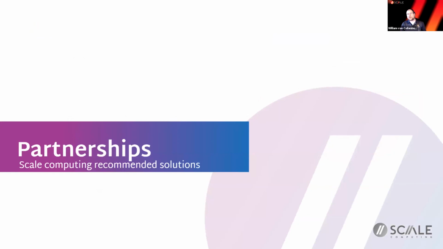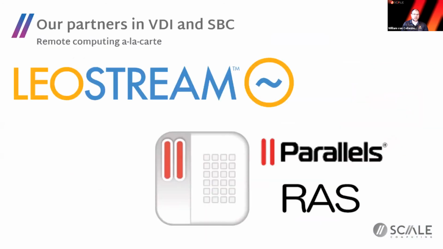So I've talked about partnerships a couple of times. We have a couple of parties that we work together with, 2 of them right now in the VDI workspace. And they are Parallels RES for both VDI and server-based computing, and LeoStream for VDI.